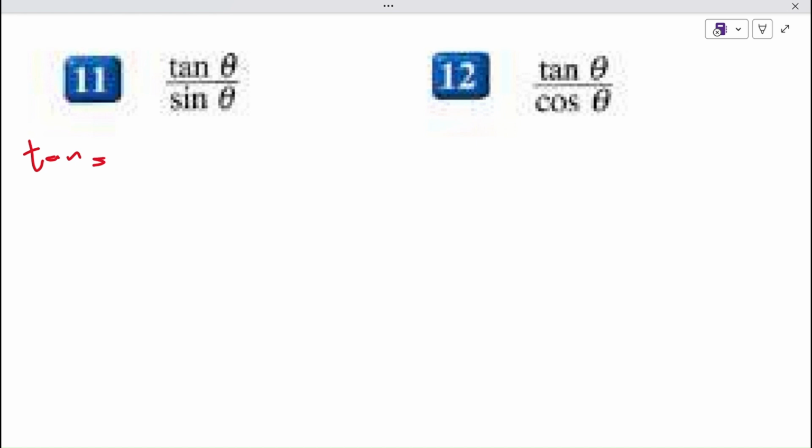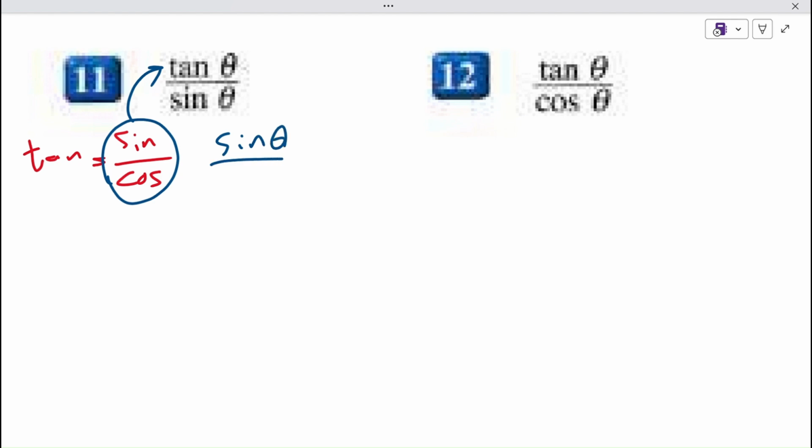By using this in your question, you can solve it. Instead of tan, sine theta over cosine theta, all over sine theta.